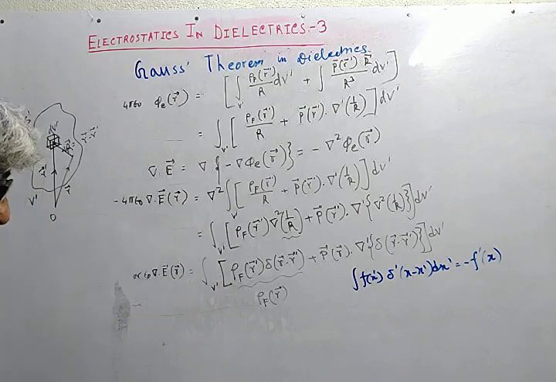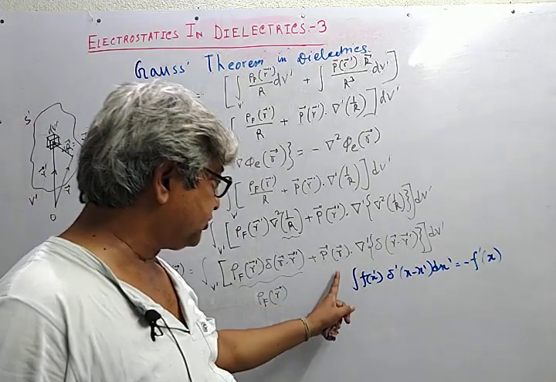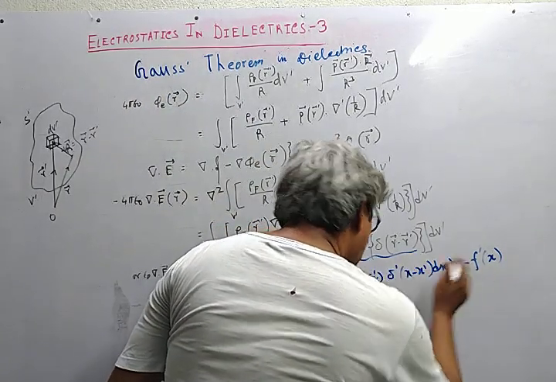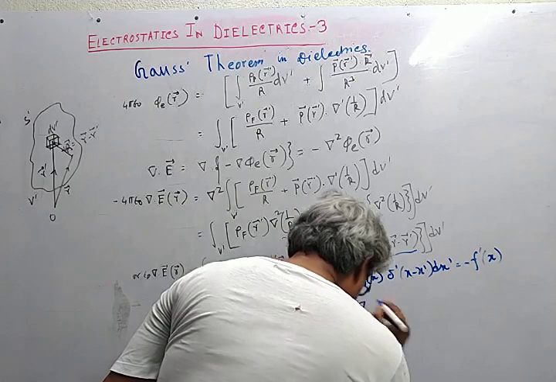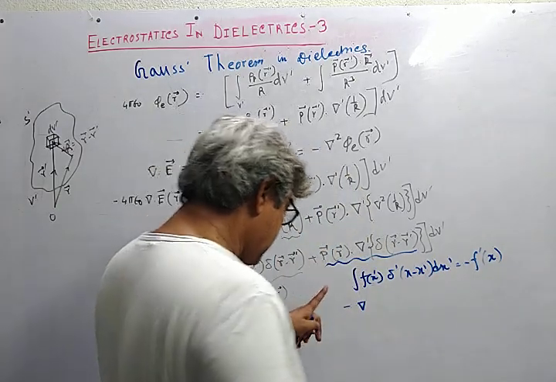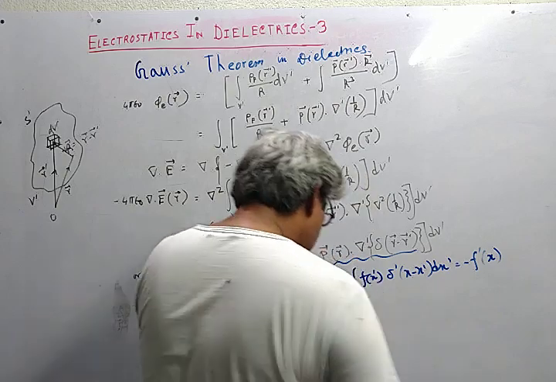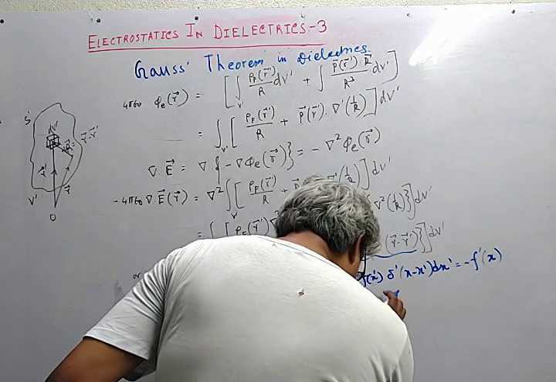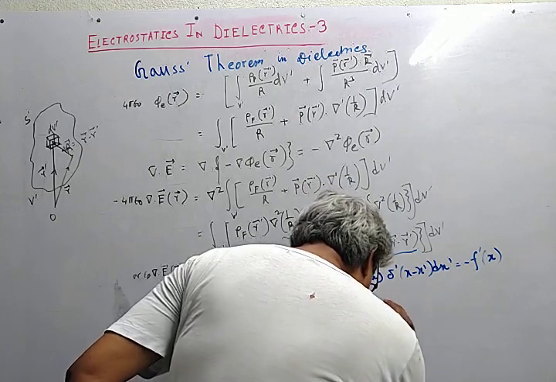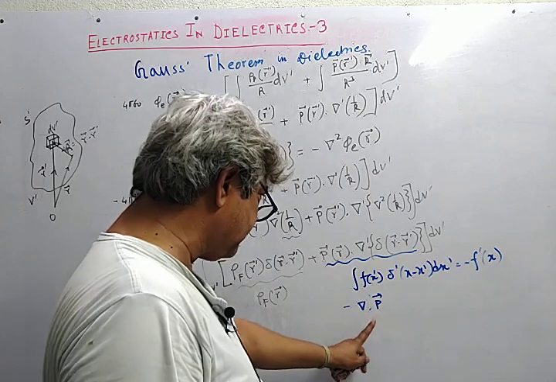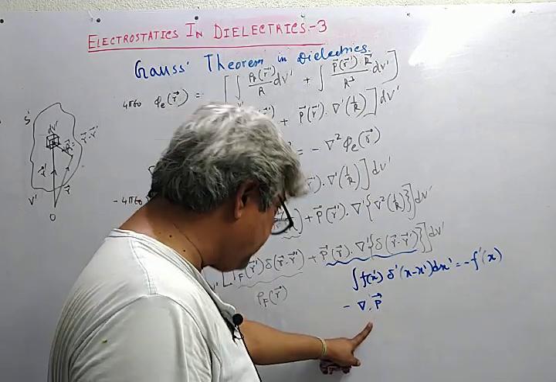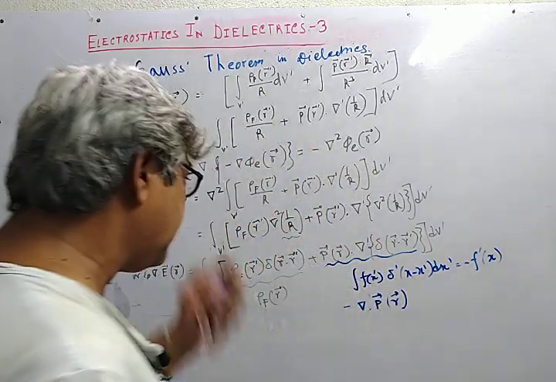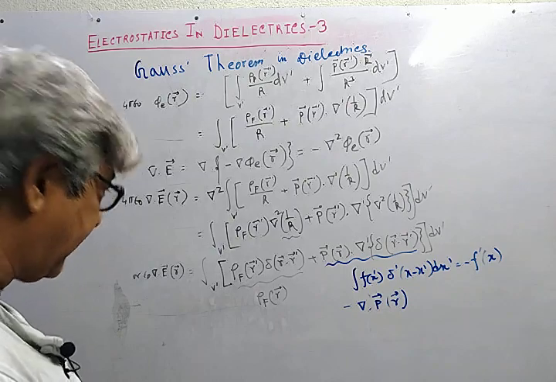If we use this property, then this part becomes a minus sign, minus the derivative of p. The derivative comes in the form of divergence, and this is equal to divergence p at r. This is one way of getting the result.